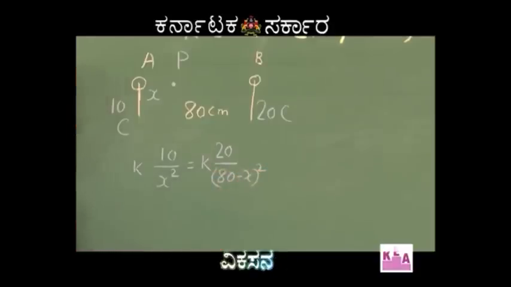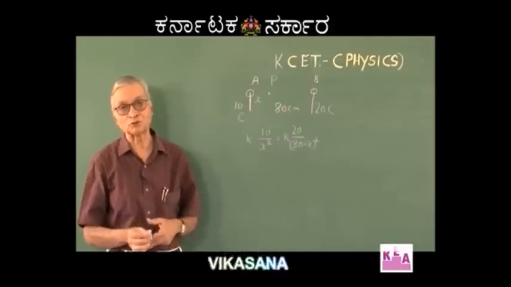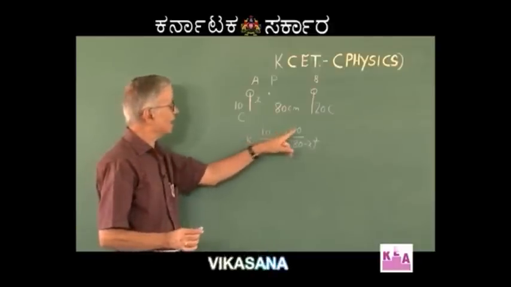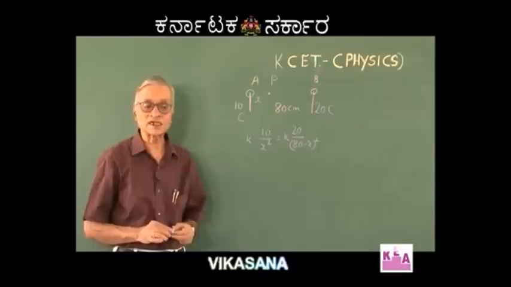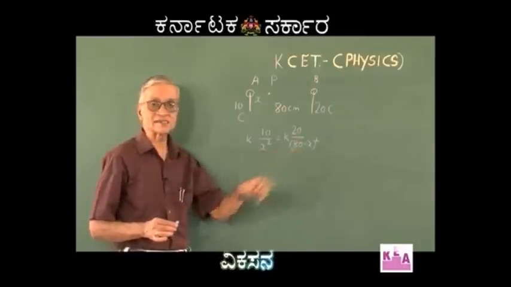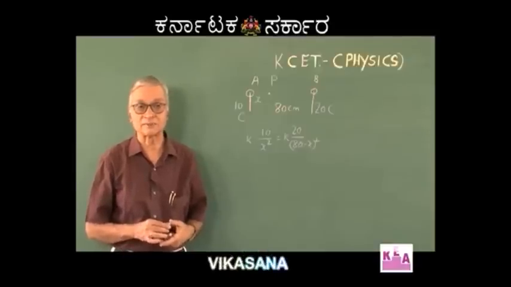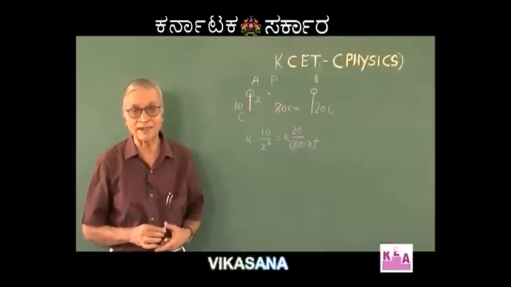I request you to note one thing: you may be having a confusion that 10 and 20 are in coulomb corresponding to the SI system, while x and 80 minus x are in centimeter and therefore in the CGS system. Can this formula be valid?